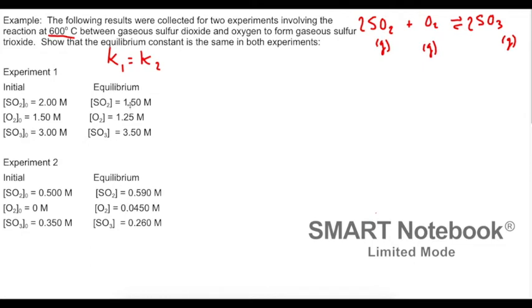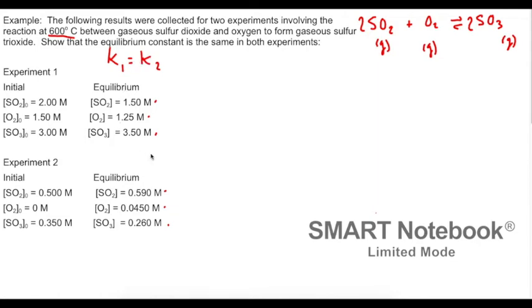And we want to show that the equilibrium constant for both experiments 1 and 2 is the same. You can see that in experiment 1, the equilibrium concentrations that we reach of these substances are different than those in experiment 2. That doesn't matter. We should still get the same ratio, the same K value for them.